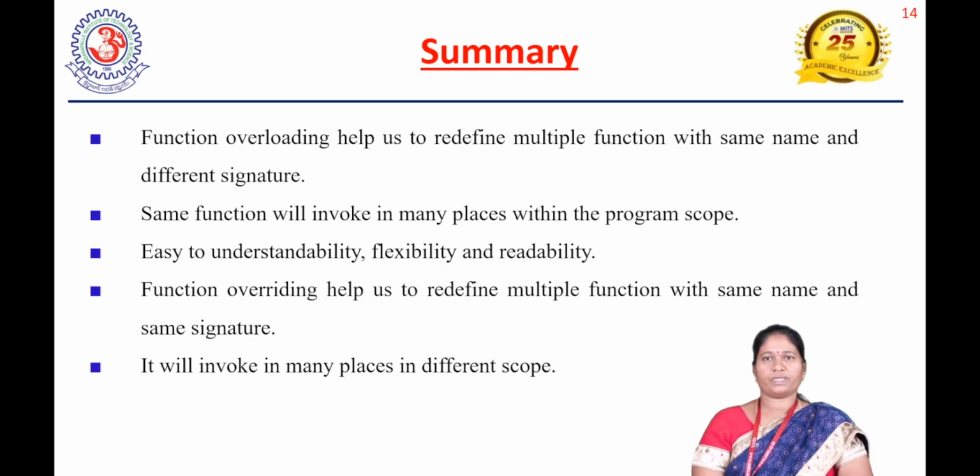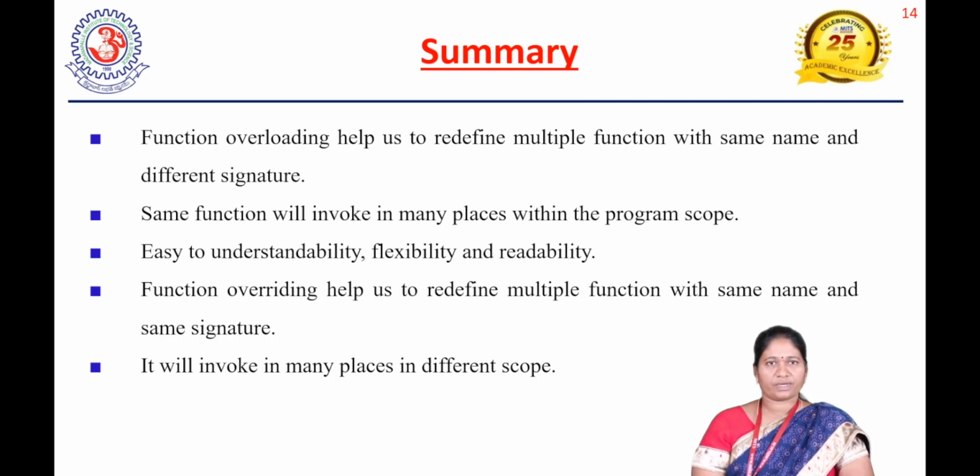With the help of function overloading, we can easily understand what kind of functions we are going to use, it is very flexible for the user, and it is easily readable also. So all the flexibility is there in function overloading.